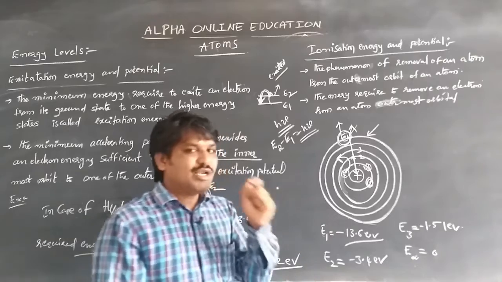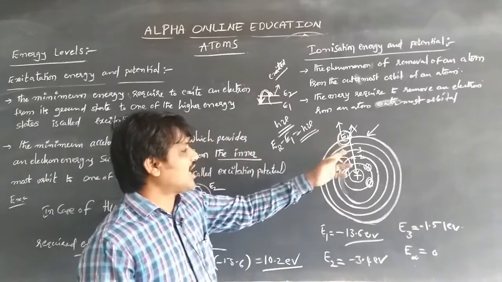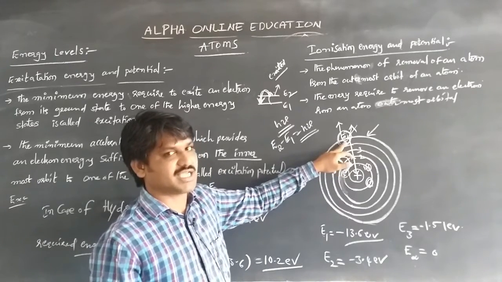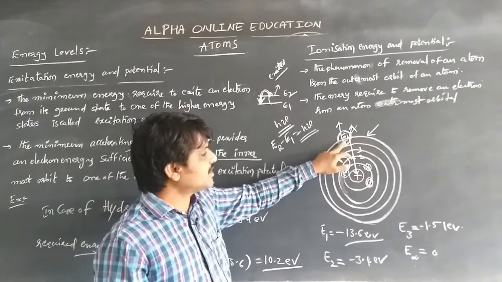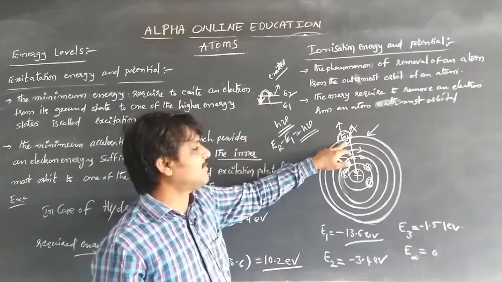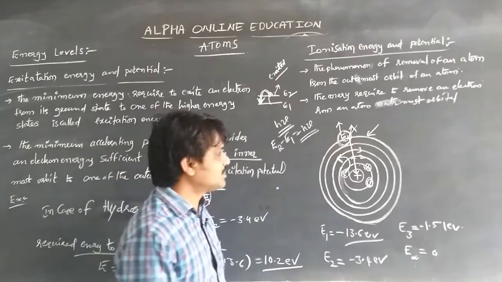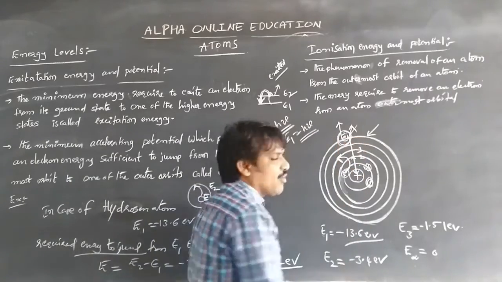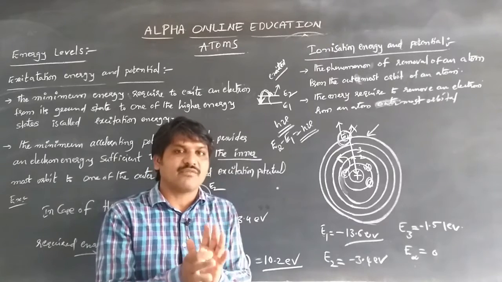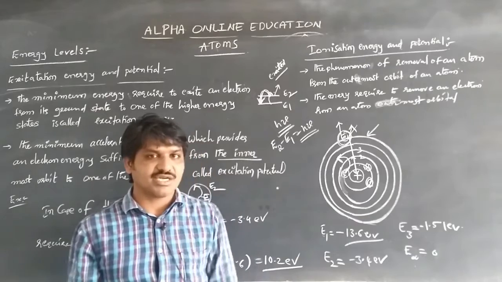The minimum energy required to liberate or remove an electron from its outermost orbital is called ionization. The phenomenon of removal of an electron from its outermost orbital is called ionization, and the minimum energy required to remove the electron from its valency orbital is called the ionization energy.